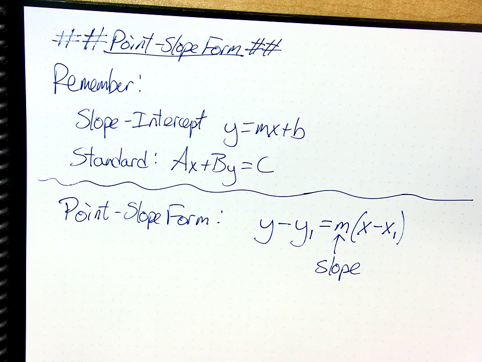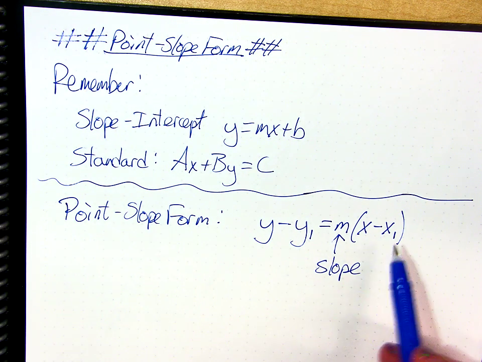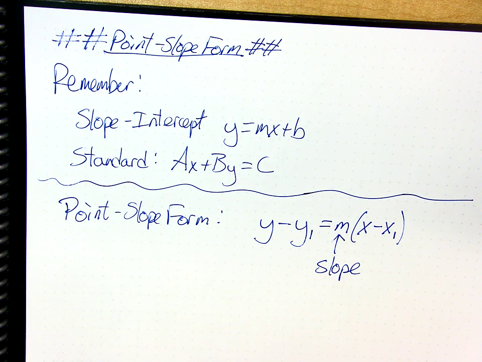And then the only thing that's new in this one that didn't appear up in these ones are these x1 and y1. Remember, that little tiny 1 on the side is just telling you which point you're using, just like we saw in the slope formula.